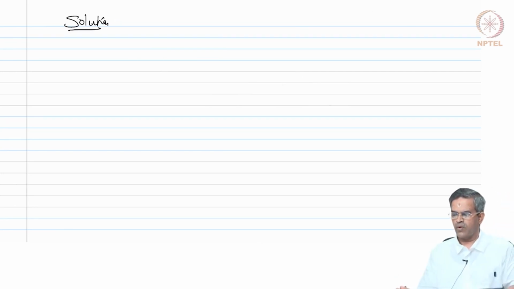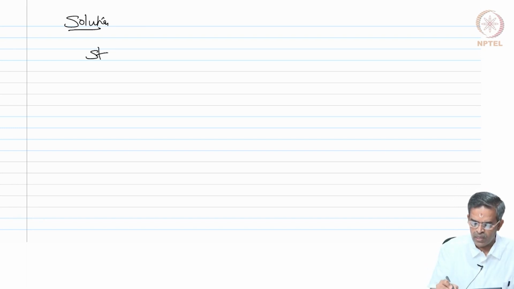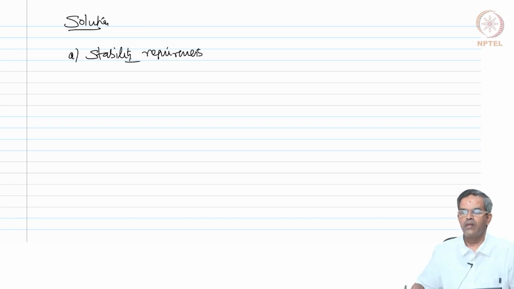First, let us try to find out the stability requirements. We will use the DNV recommended practice C202 code.